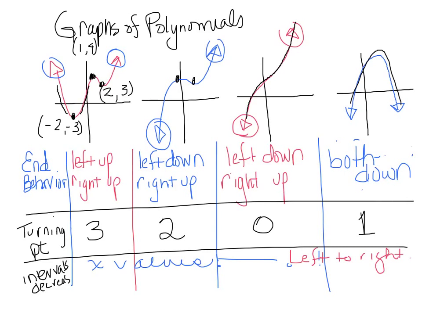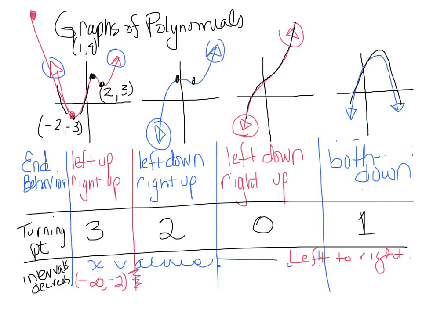Alright, so let's identify some intervals of decreasing for the first one. At the very left, it's decreasing all the way till it gets to that point. So I would say from -infinity until it gets to here. And you remember, you're doing the x values, so you're going until -2. Do not include the -2, because it's actually flat. As it turns around, it has to go through flat, which is neither increasing nor decreasing.